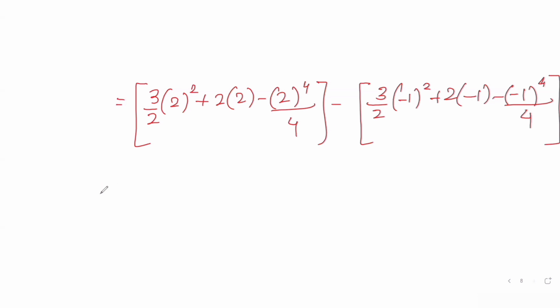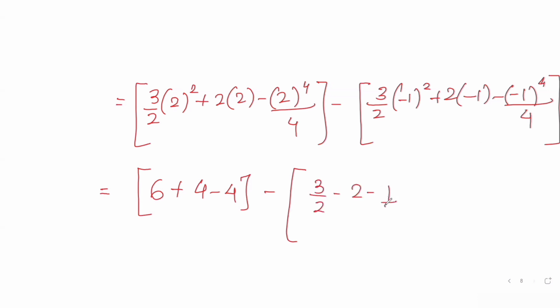So you get this as 3 by 2 into 4, so 12 by 2, 6 plus 4 minus 16 by 4 is 4, minus 3 by 2 minus 2 minus 1 by 4.